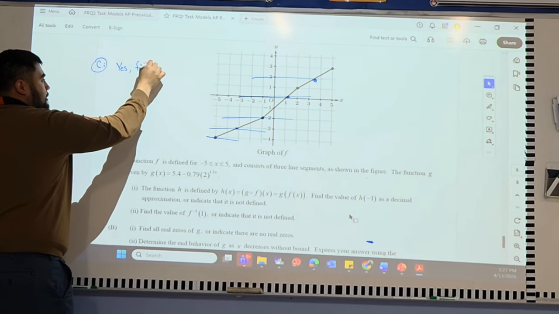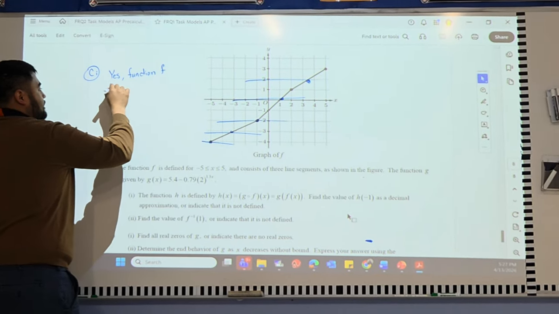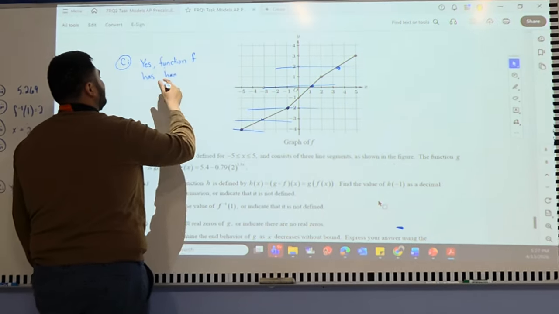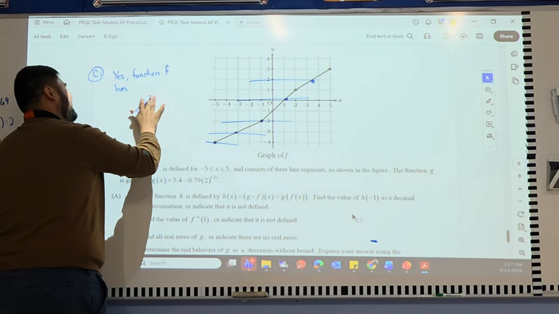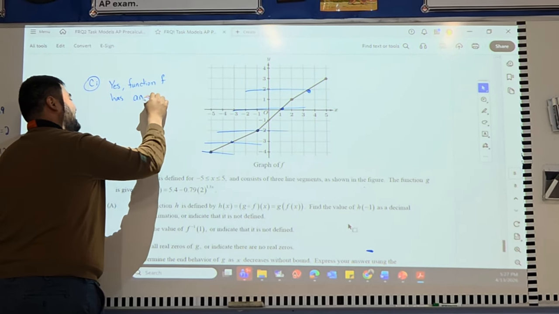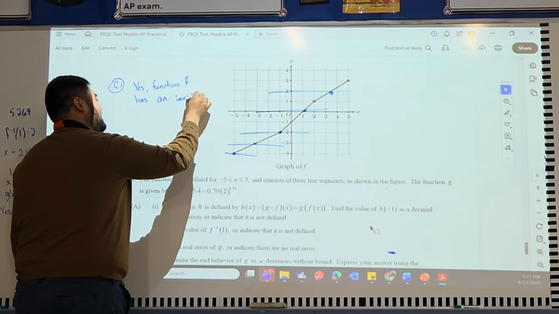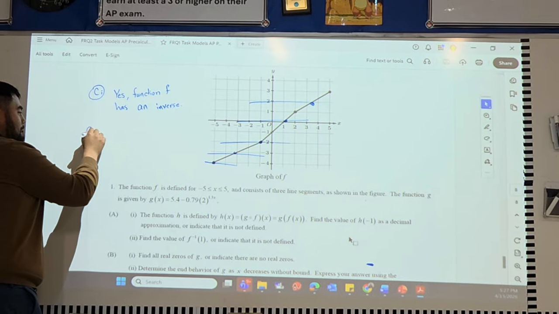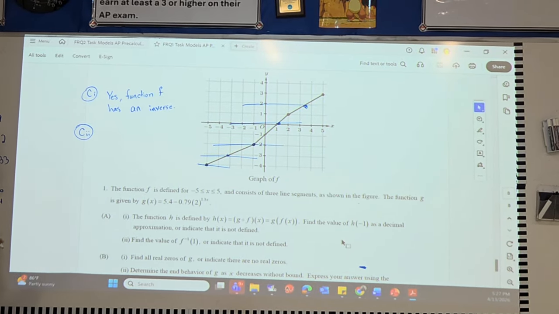Function f has an inverse. Let me rewrite that. An inverse. Trying to write by hand, I know. So now, why does this happen?